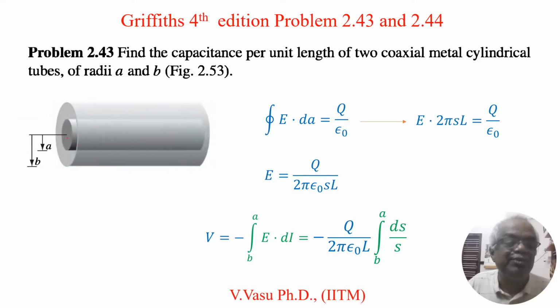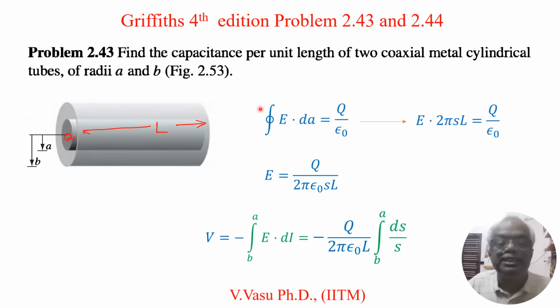Let us say we have a charge Q on the inner cylinder, and its length is L. That is, the length of the cylinder is capital L. So now we have to find the capacitance of this cylinder.